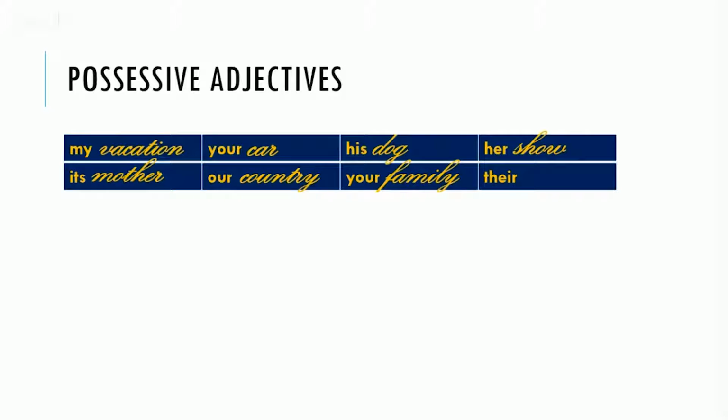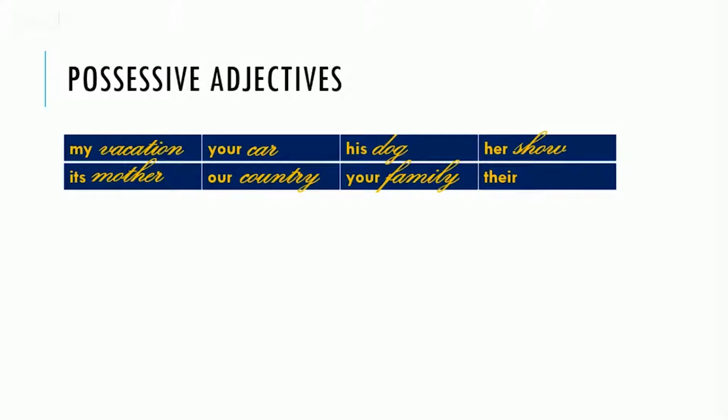So your family is very interesting. Keep that in mind. Tienen que mantener eso en mente, que your puede significar cualquiera de los dos, tuyo o de ustedes, pero necesitan más información para saber a cuál de los dos se está refiriendo, ¿no?